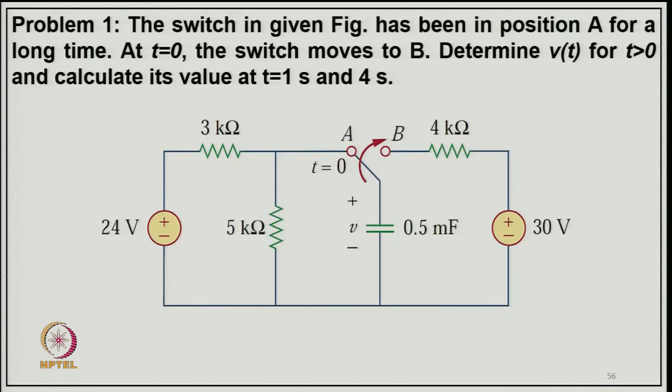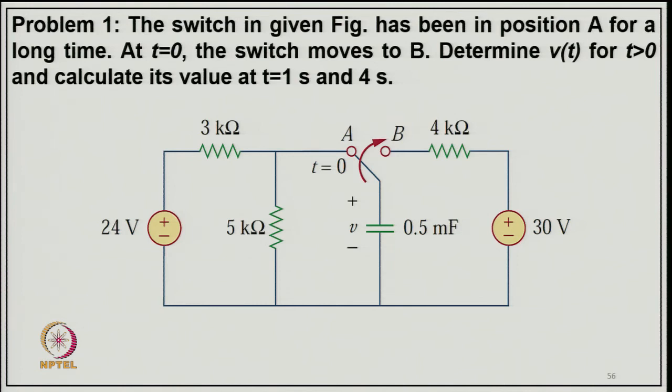So, starting with the first problem, the switch given here in the figure has been in position A for a long time. At t equal to 0, the switch moves to B. Determine v(t), the voltage across the capacitor, for t greater than 0, and calculate the value at t equal to 1 and 4.